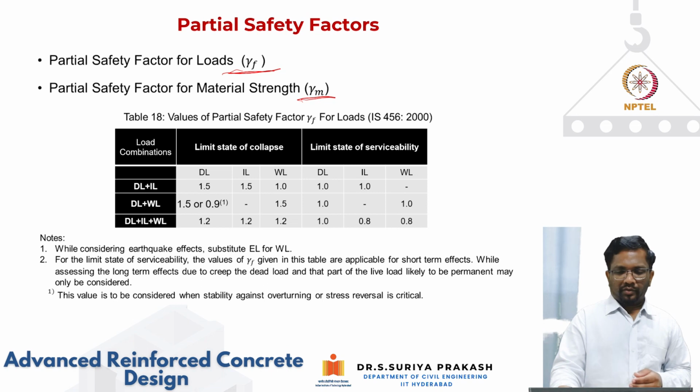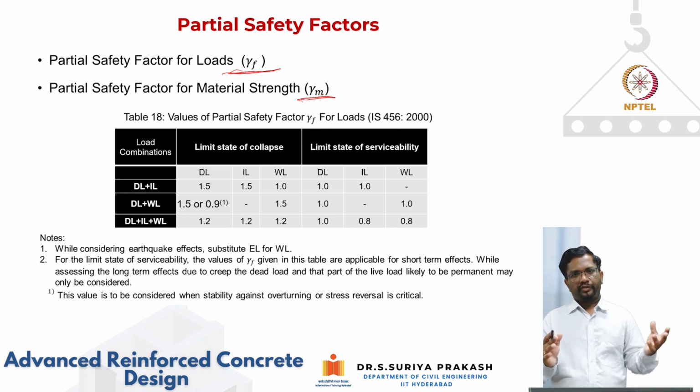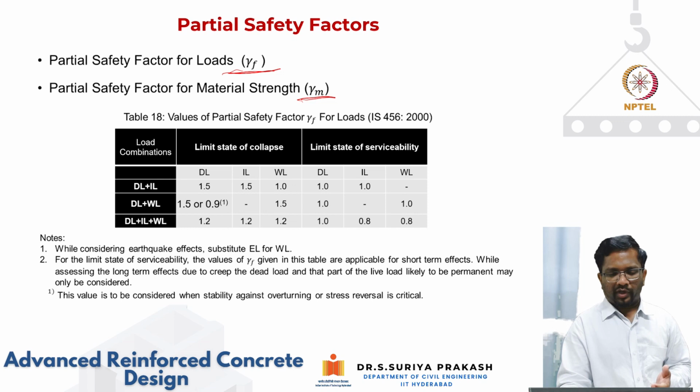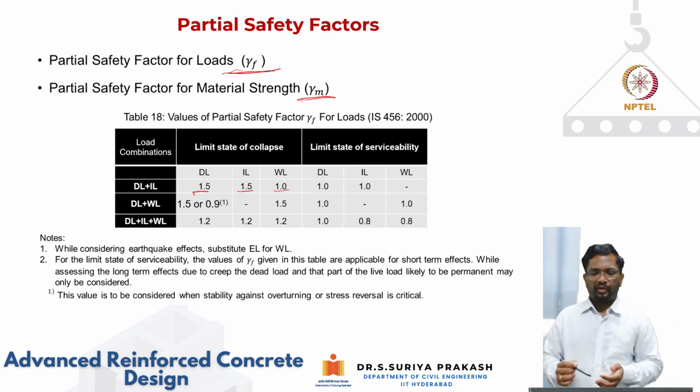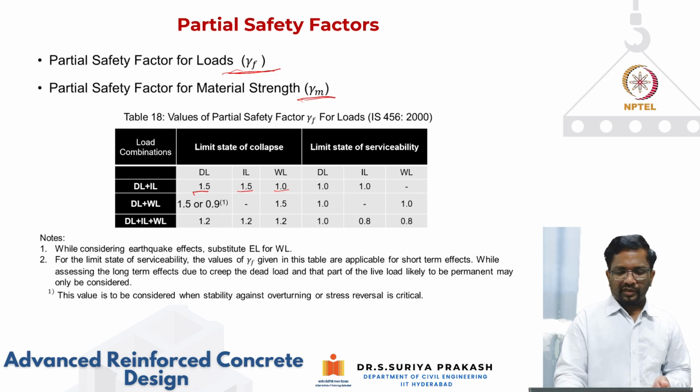Again, we are going to do the design checks for two levels: limit state of collapse and limit state of serviceability. The code IS 456 gives you the load factors that we need to consider in our design. For example, when you have dead load, imposed loads and wind loads considered together, basically 1.5 for dead load, 1.5 for imposed load, and 1 for wind load.